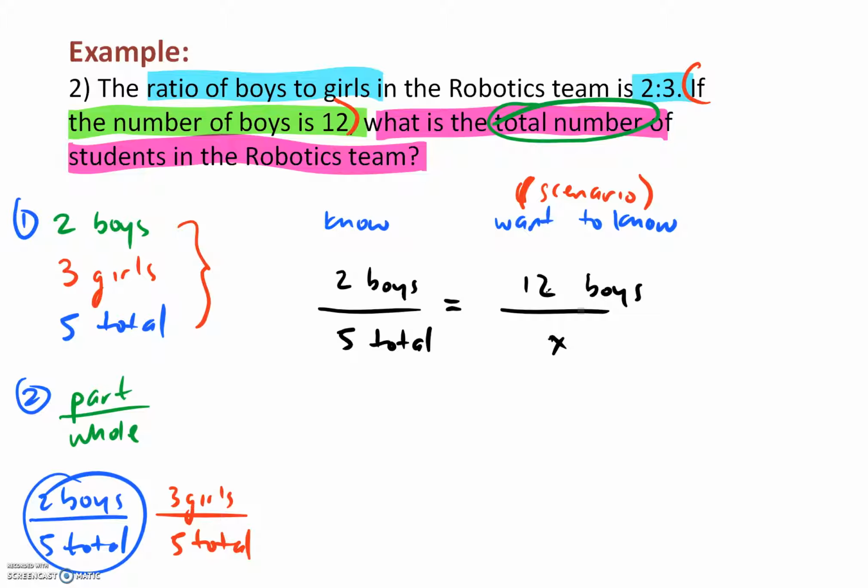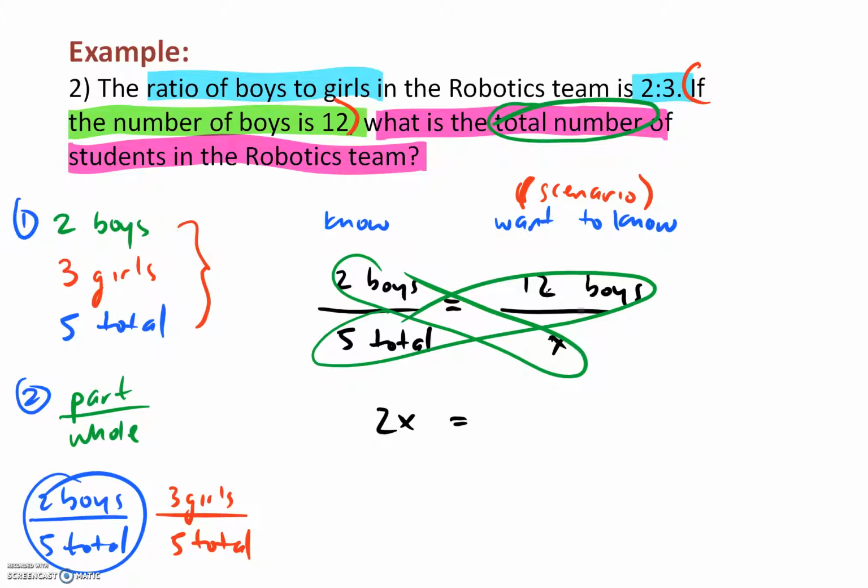Let's cross multiply and solve. So 2 times X equals 5 times 12. When we simplify, we get 2x equals 60. Divide by the coefficient on both sides. 2 divided by 2, that is 1.